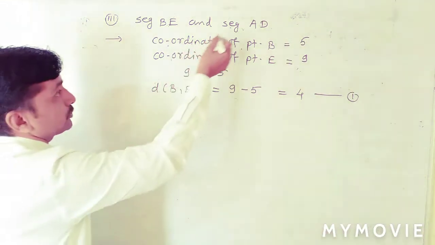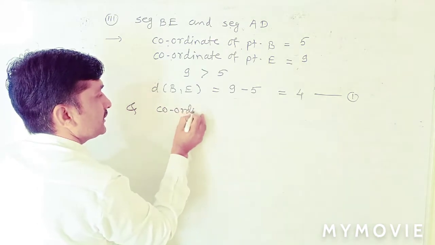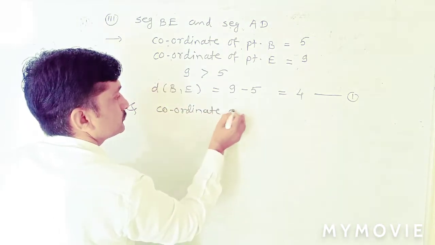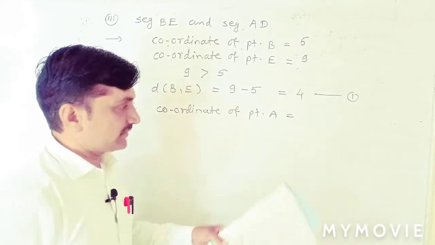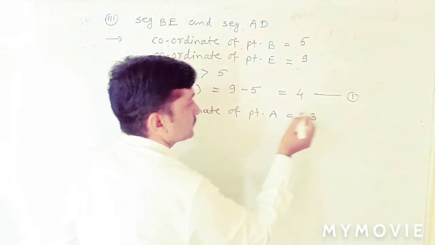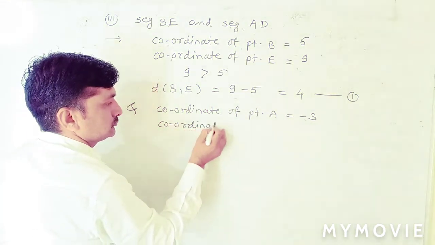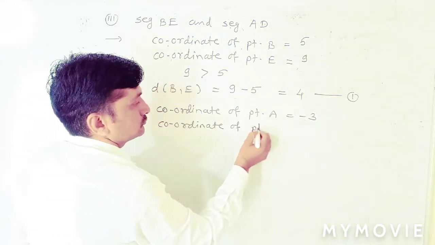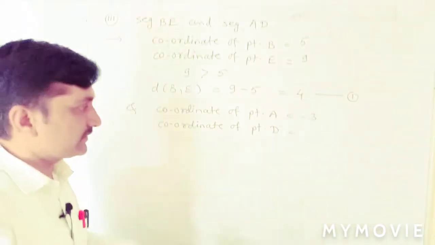Find distance of AD now. Coordinate of point A is -3. Coordinate of point D is given -7.